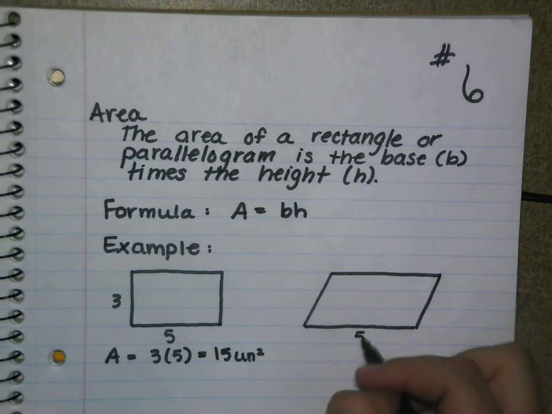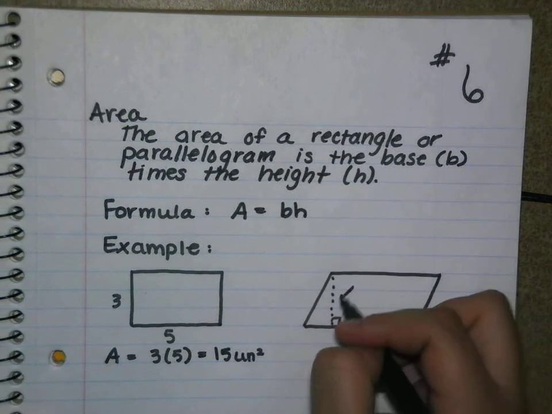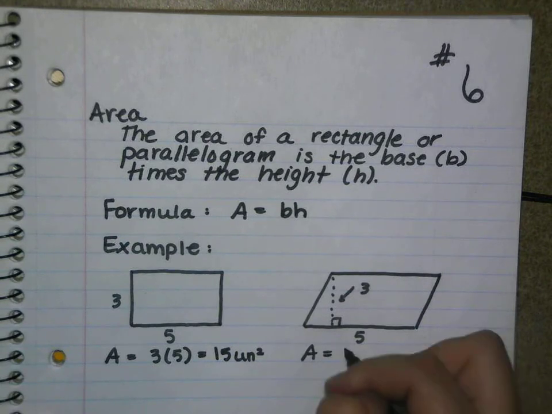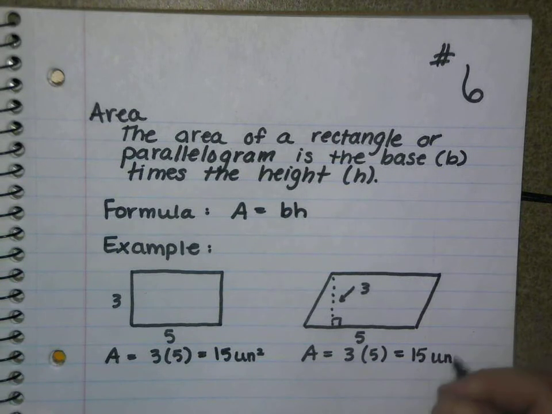The base would continue to be 5. We're going to drop down the perpendicular to tell us that the height here is 3. So the area is going to be equal to 3, which is the height, times 5, which is the base, which is equal to 15. And again, it's units square because it is an area.